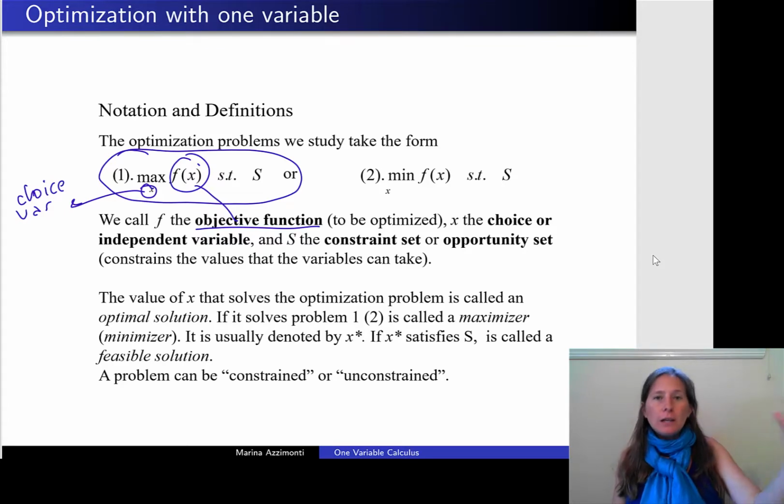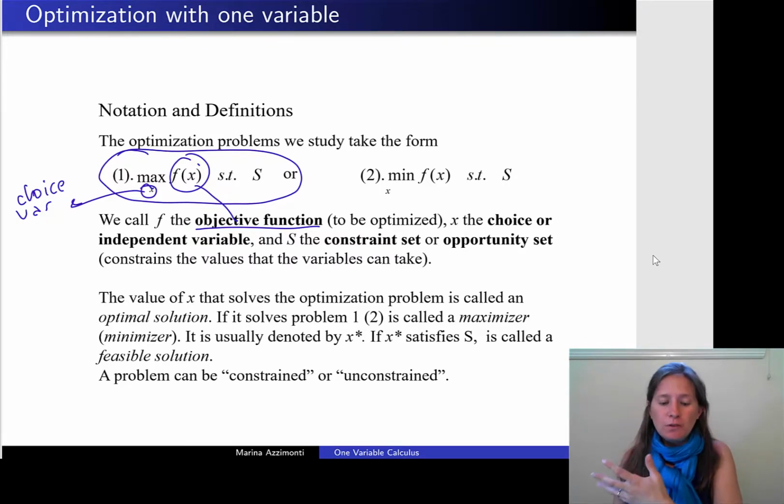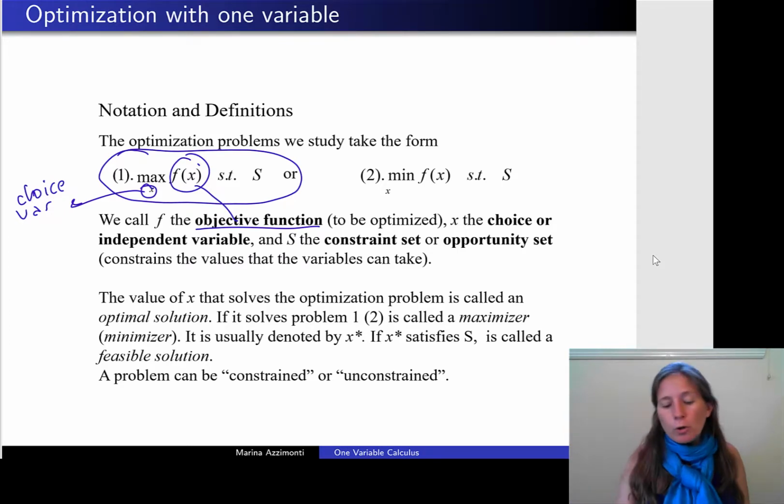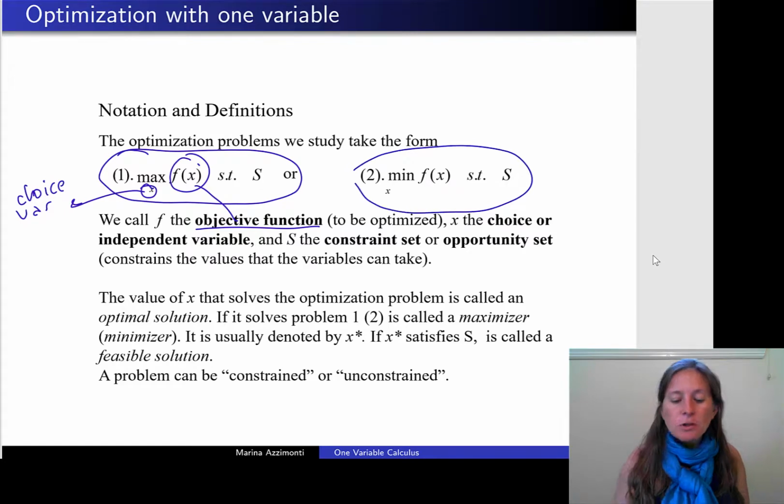So f could be a utility function, and S is going to be a set that determines what levels of consumption are going to be feasible. So it basically restricts your choice to a certain level of, say, consumption or production. We could also want to minimize a function, and again, it's the same form.